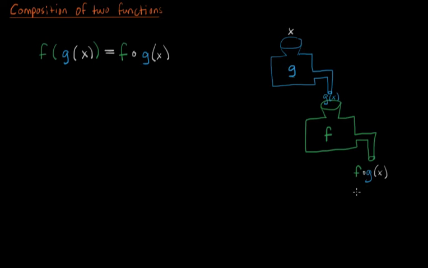Okay, so let's go ahead and give some example functions here and see what we can do. So let's say that f of x is equal to 3x minus 4, and let's say that g of x is equal to x over 2.